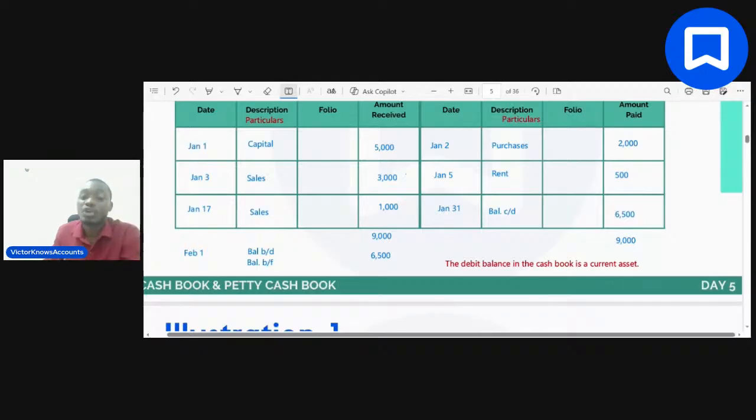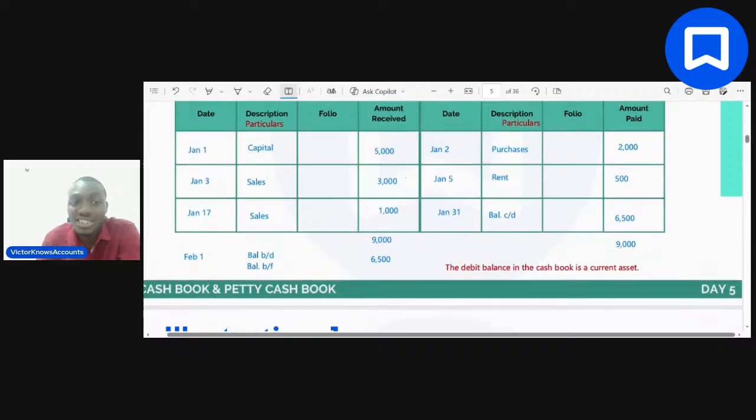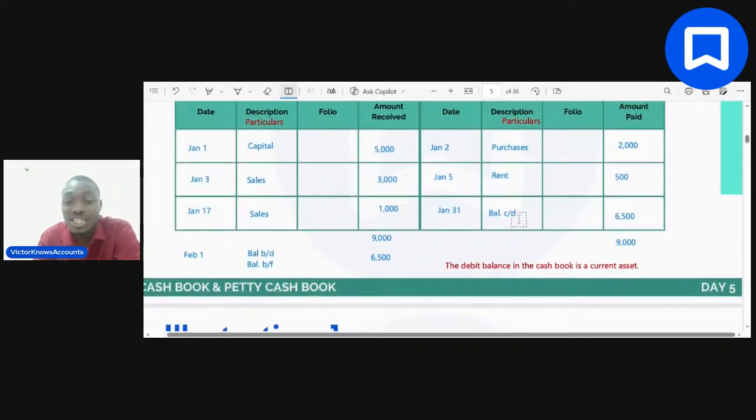It means that for this cash book, our balance carry down is definitely on the credit side. But that does not mean it's a credit balance because by the time we bring it down and finalize that transaction, it will go back to the debit side. So it is actually a debit balance. Likewise, if your balance carry down is on the debit side and you have to transfer it down to the other side, the credit side, then that is a credit balance. Is that taken?